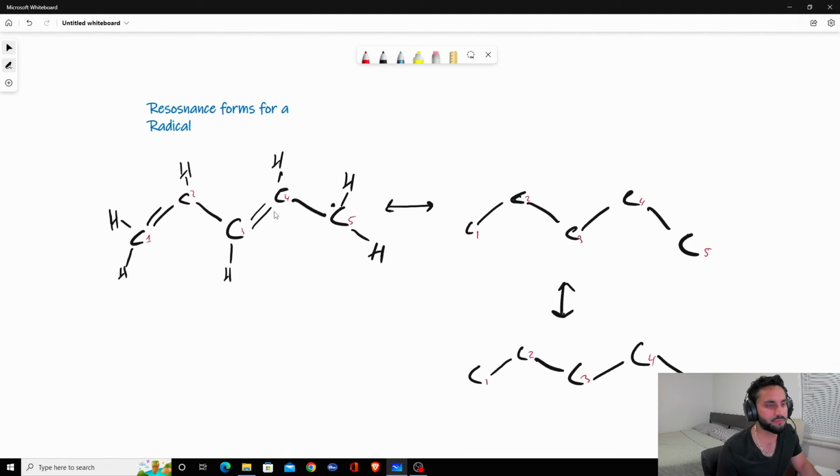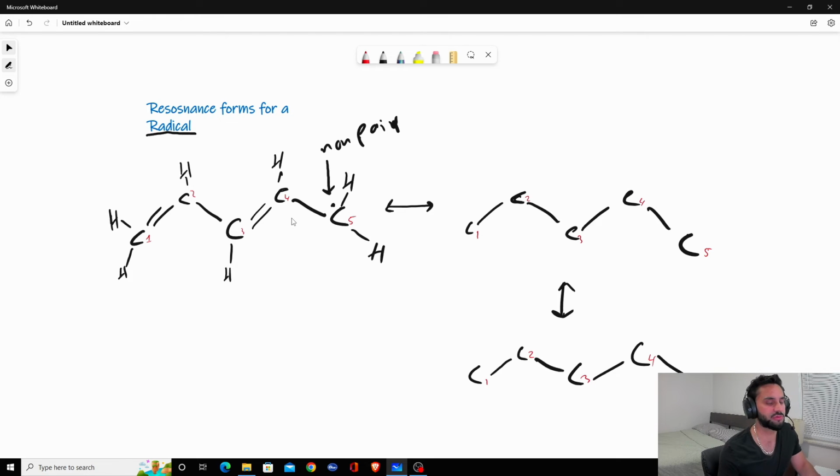Here, this molecule on the left, we're dealing with a radical molecule, and that just means that this molecule, usually molecules, especially a carbon molecule, come with pairs of electrons, but in this molecule there is a non-paired electron. So there's one electron on this carbon, which makes this whole molecule a radical.